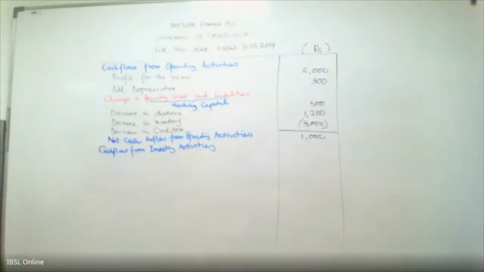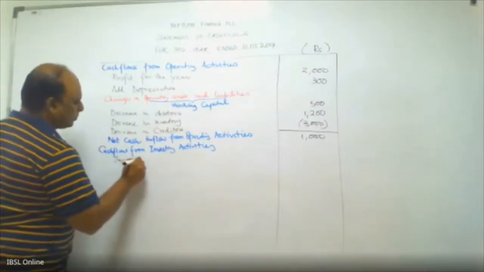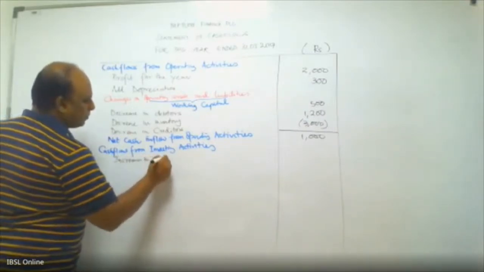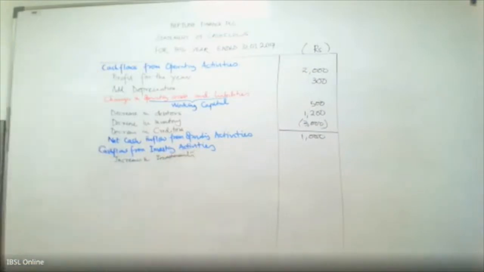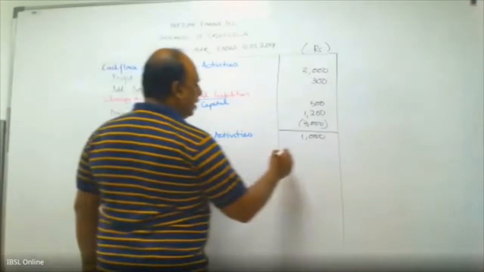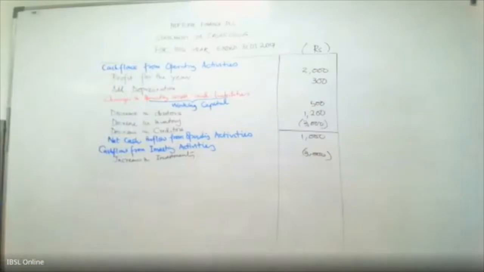So investments, it has increased, isn't it? Increase in investments. So when it is an increase, cash inflow, outflow? Cash outflow. So that will be 3000 cash outflow. Then the next one, the only item remaining there, property, plant and equipment.